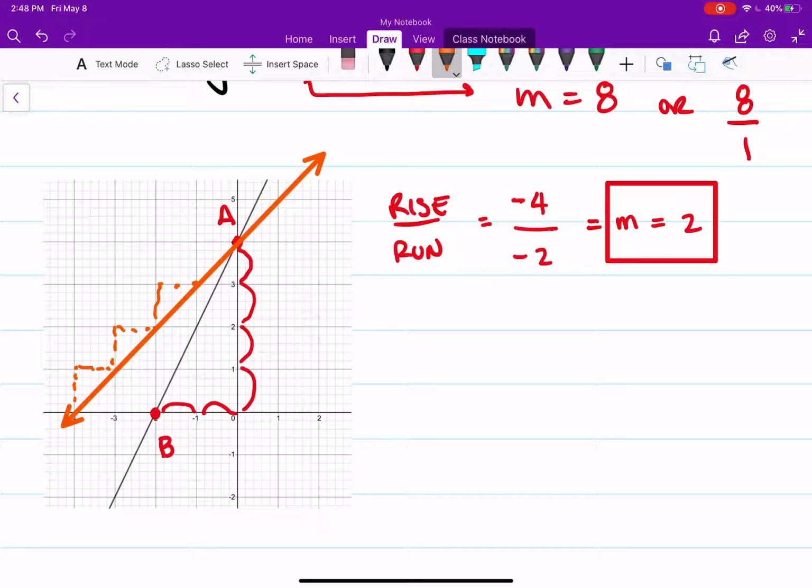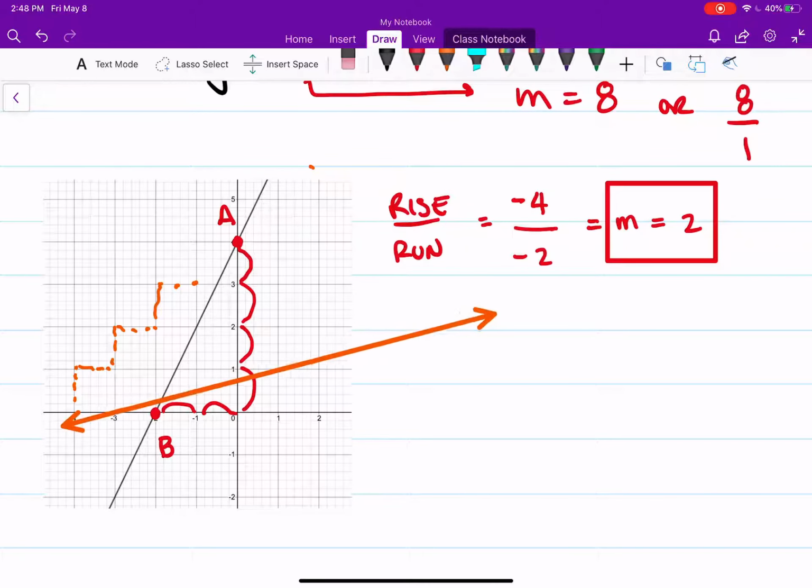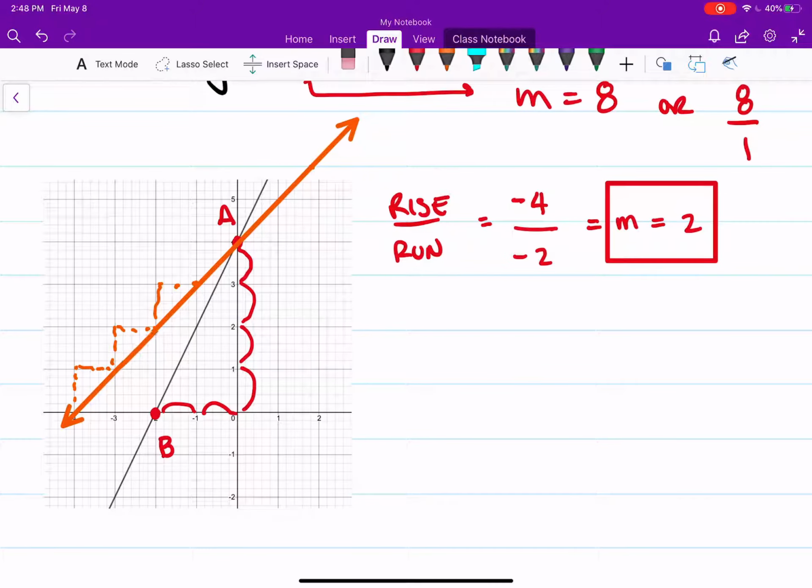The steeper it is, the larger the slope gets. The more shallow it is, the slope is going to be less than 1. So this is 1, these would be less than 1, and these would be greater than 1, okay?